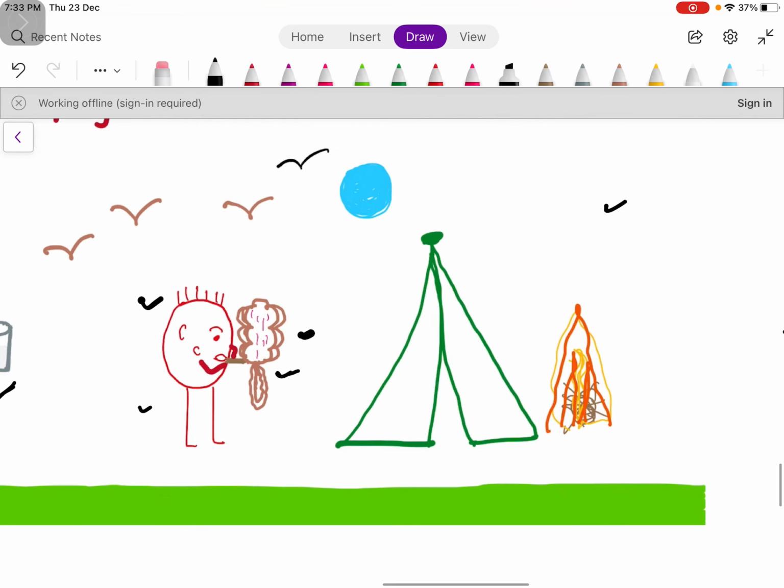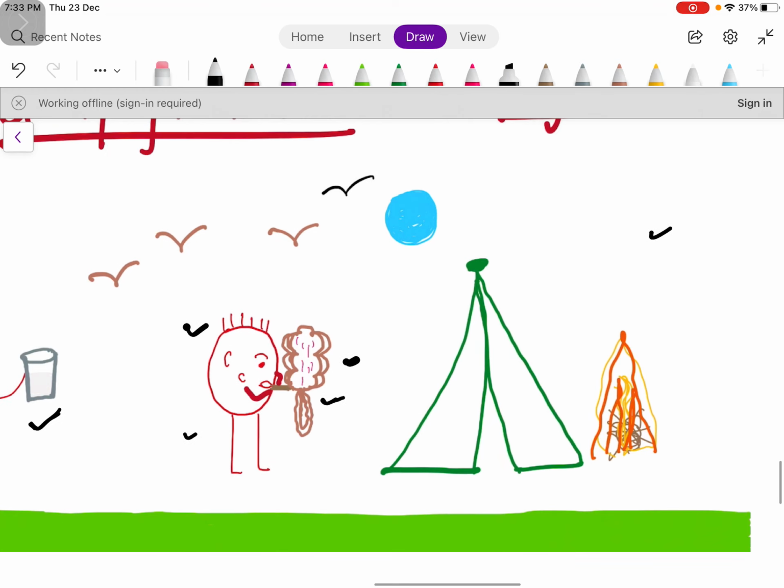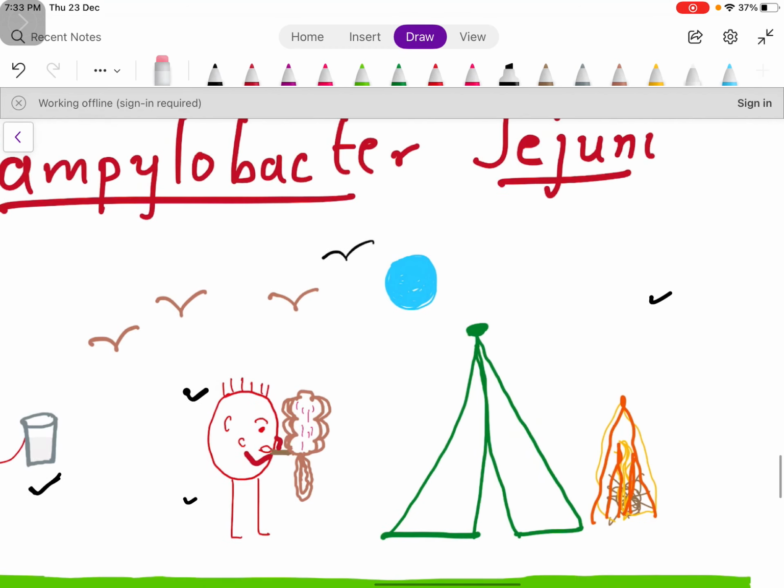I have intentionally done it so that you can remember that this is the cecum part of the colon and this is the appendix. Then I've drawn this campfire scene, and there are birds here, and this is the night time.